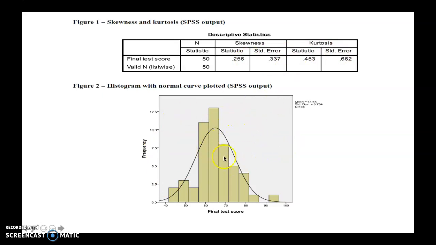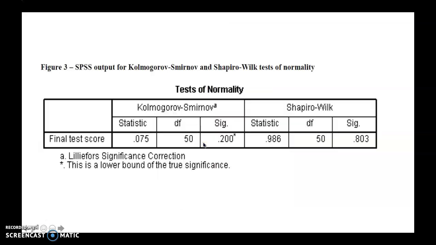For the histogram, if it shows a normal distribution curve, it also means your data is normally distributed. You can also use Kolmogorov-Smirnov and Shapiro-Wilk. To have normally distributed data, the p-value should be greater than 0.05. In this case, for both tests, the p-value is more than 0.05.